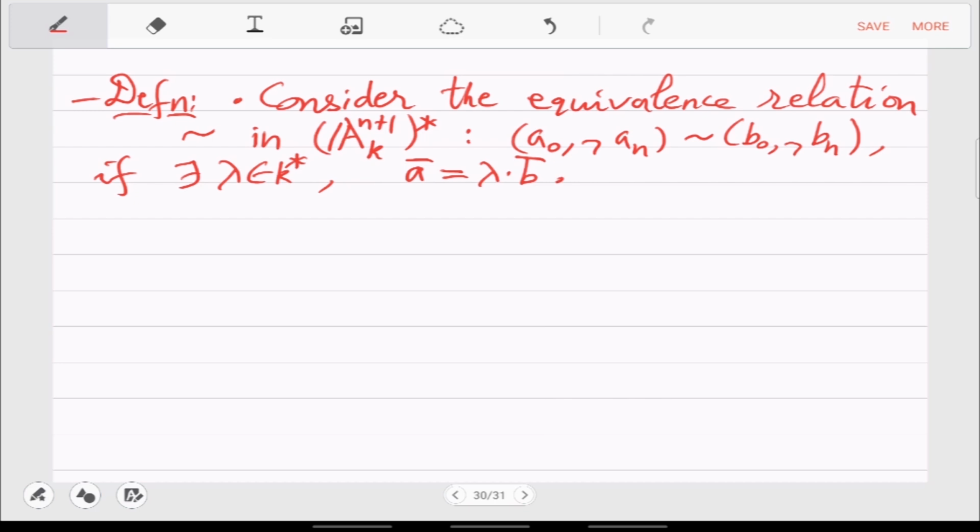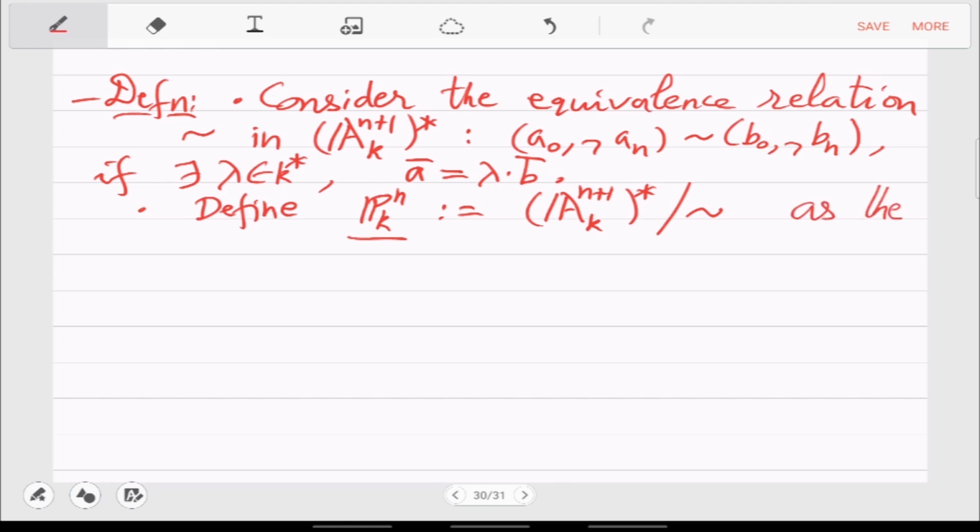Okay, so the thing I said before, and define the projective space, projective n space, to be this. So this is the projective n space.